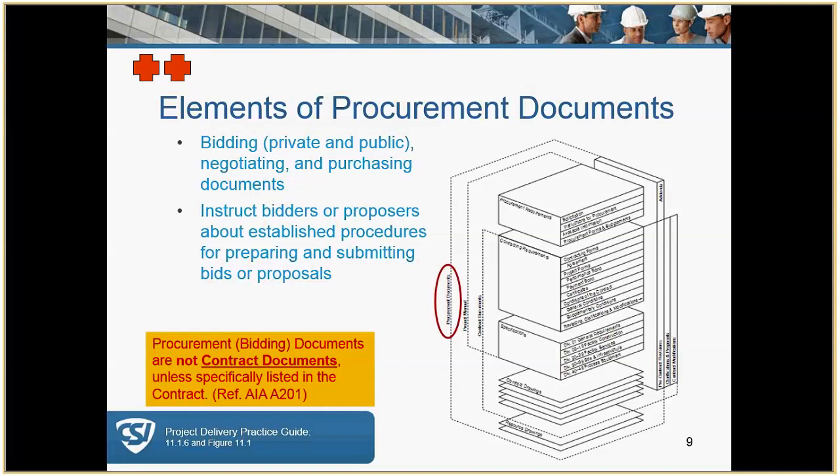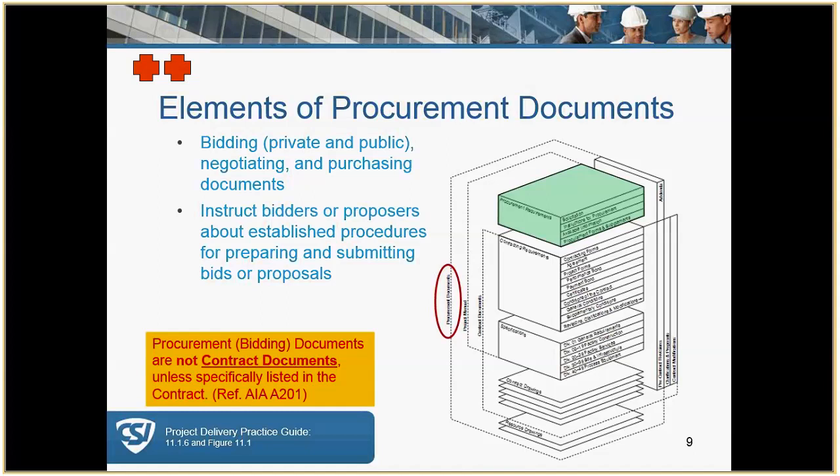Procurement requirements are the shaded portion, which include the solicitations for bidding, the instructions to bidders, outline procedures for bidding, including bid forms and other documents to be submitted by the bidders. These documents are listed under the title Procurement Requirements, which are the ones shaded in the Tower of Power as part of Division 00 and are delineated as such in the graphic.